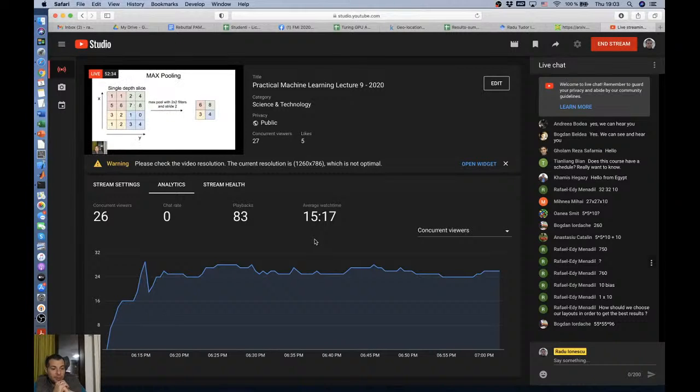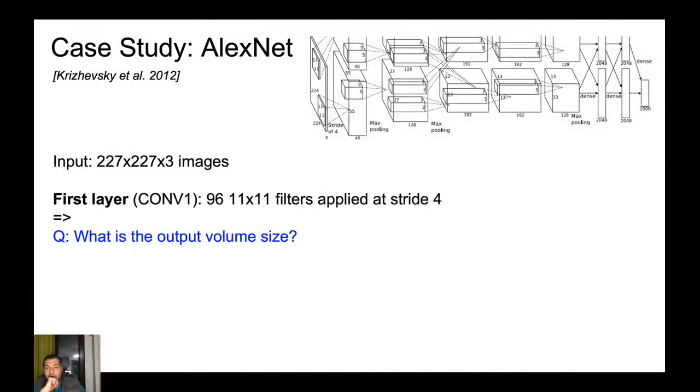Okay, so we have an answer, 55 by 55 by 96, which I think is correct. Yeah, because the output size is 216 divided by 4, and then plus 1, we have 55.